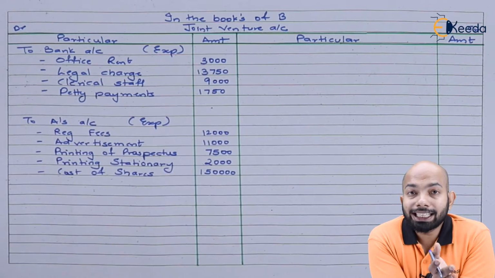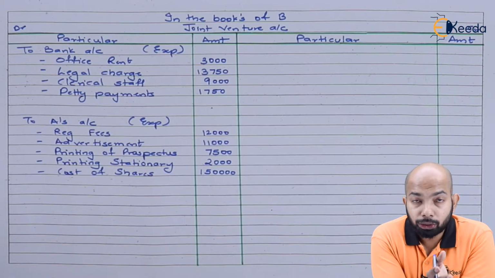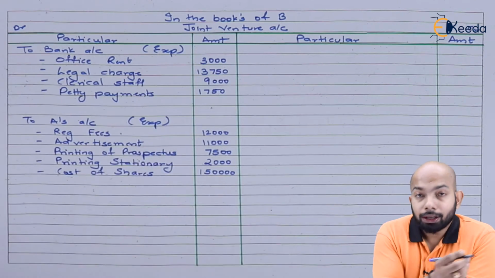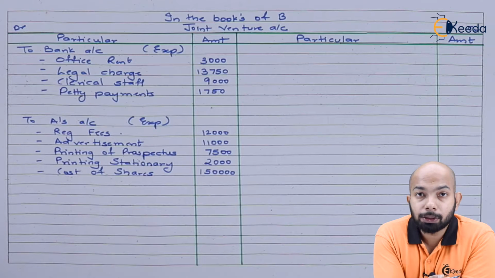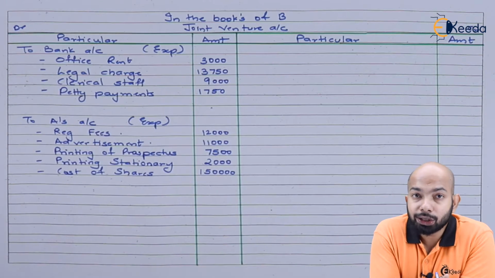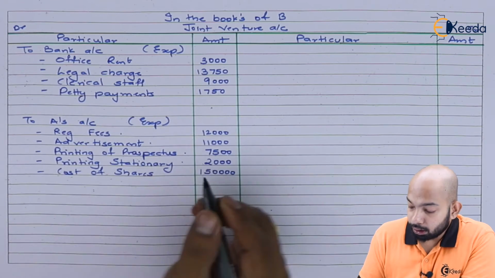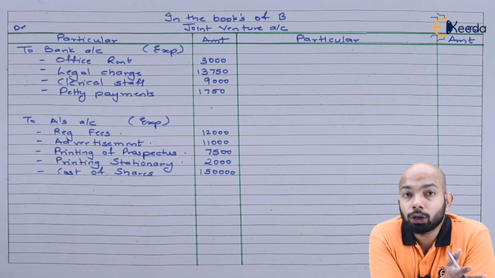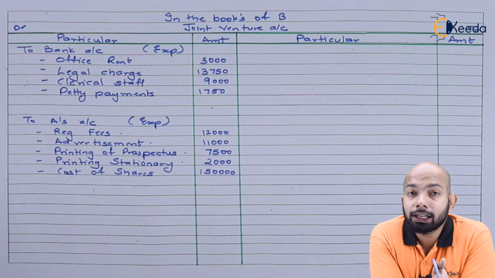So we have mentioned all the expenses that are related to A. To name them, registration fees, advertisement, printing of prospectus and printing of stationery have been mentioned, and the cost of shares that were taken over by A, rather the underwriting of 15,000 shares of 10 rupees each, has also been mentioned here.